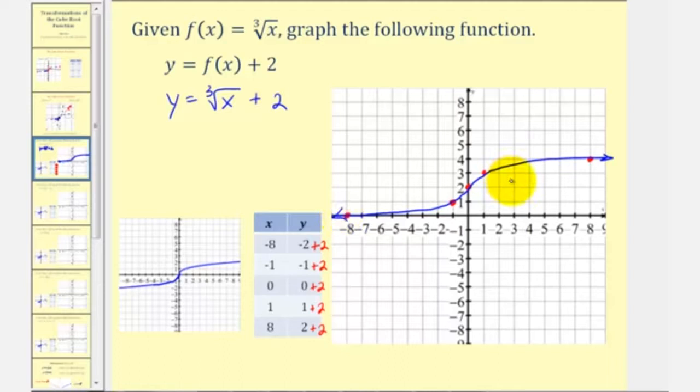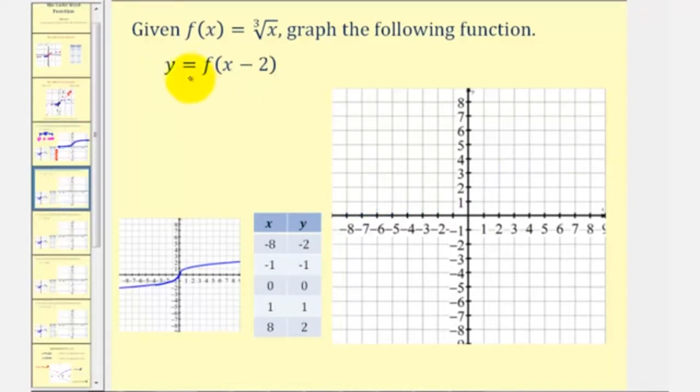If we compare this graph to the graph of the basic function, notice how the plus 2 on the end here shifted the basic function up 2 units. So if we had minus a constant on the end, it would shift the graph down.